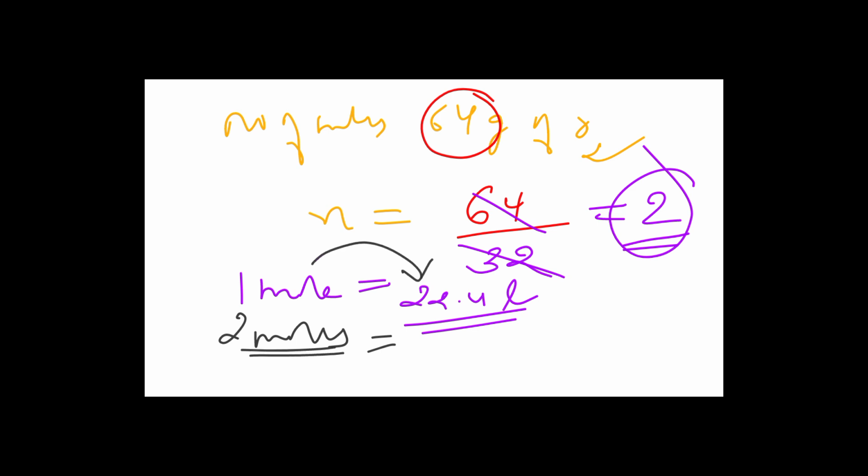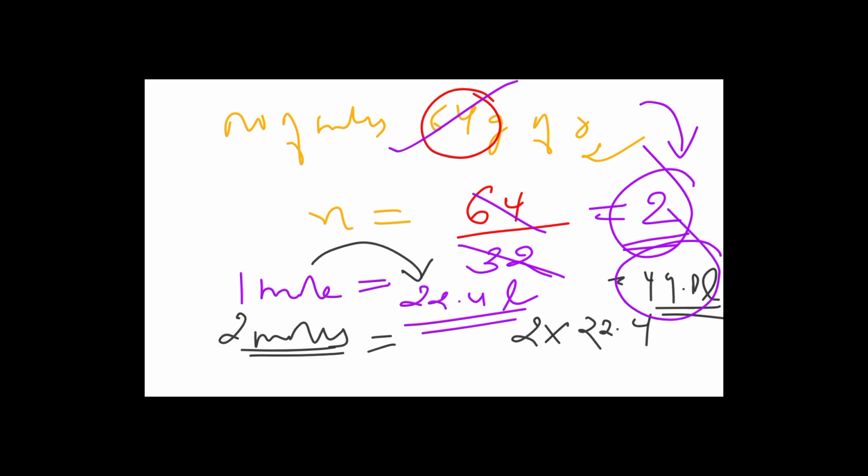Therefore, the volume occupied by 2 moles is simply 2 into 22.4, which is about 44.8 liters. So this 64 gram of oxygen will contain 2 moles, and this 2 moles will occupy 44.8 liters at STP.